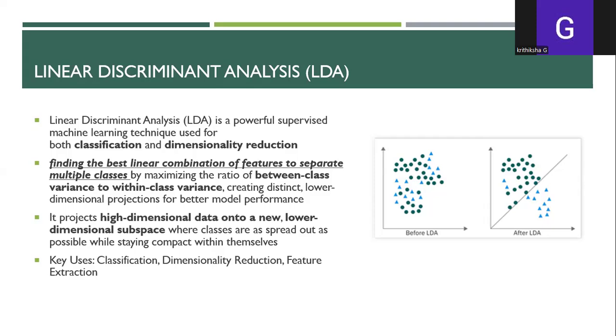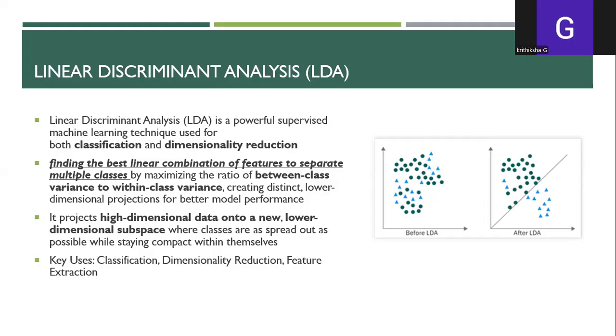Okay, so how it does this is it finds the ratio of the between-class variance to the within-class variance. It maximizes that class ratio, and it finds the projection line where it best splits the multiple classes.